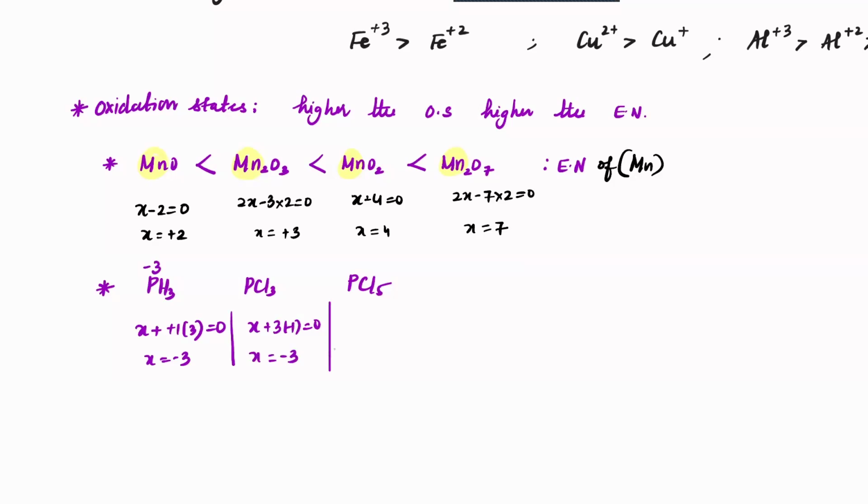And X plus 5 into -1 equals 0, so X is +5. So the oxidation states are +5, +3, -3. The highest oxidation state, you'll notice, is for PCl5, so it has the highest electronegativity of phosphorus.